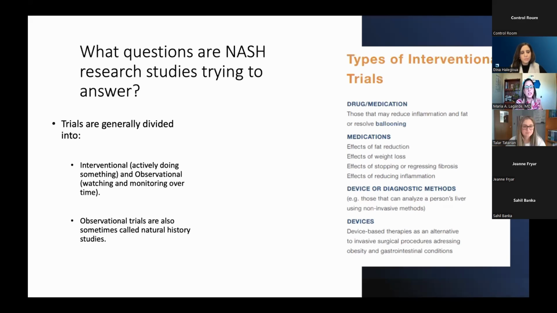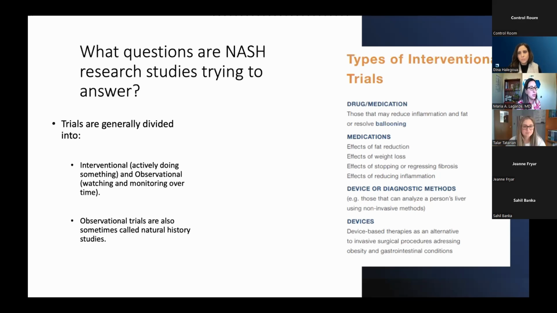And then some are really interventional, which means we're trying to see if something we do for that disease works, whether it's medication, sometimes diet changes, healthy exercises. There are all these different things that we can try. And so there's a list of potential interventions for NASH here that you'll see.